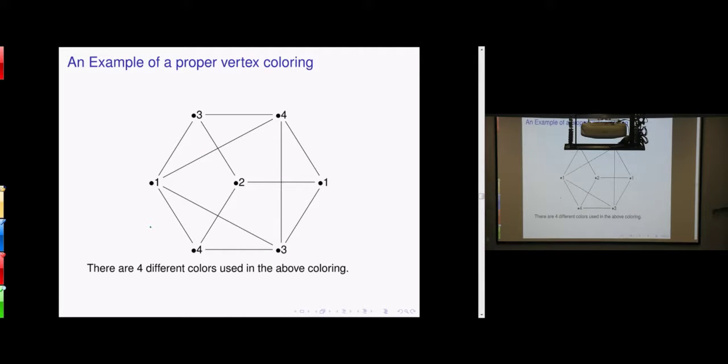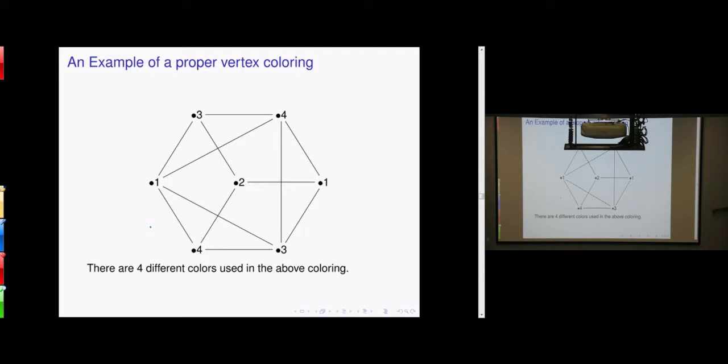For example, you have this funny graph. Here's a number 1. It means I color this vertex with color 1. Then it has 4 adjacent vertices, this guy, this guy, this guy, this guy.